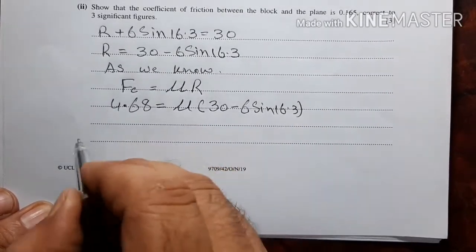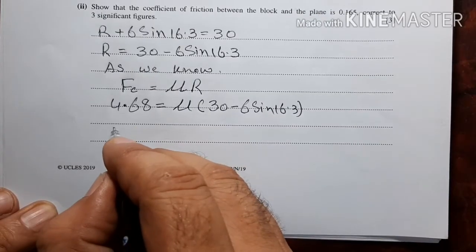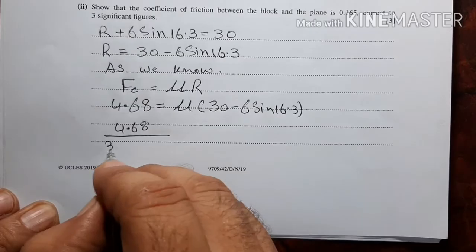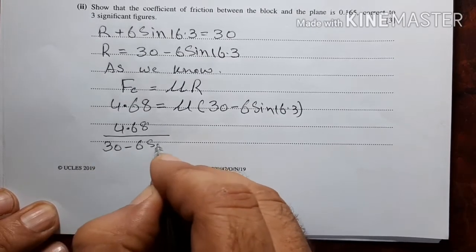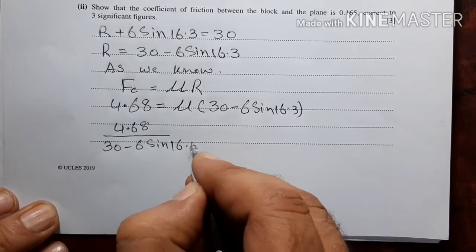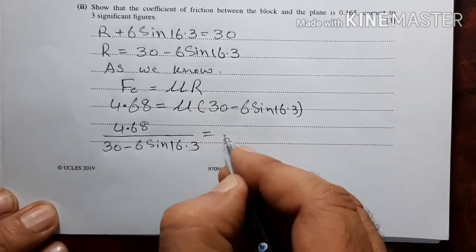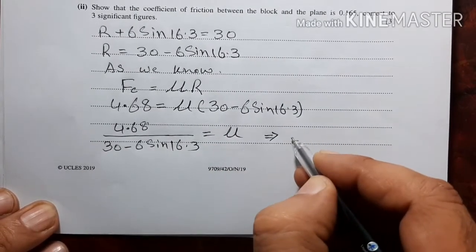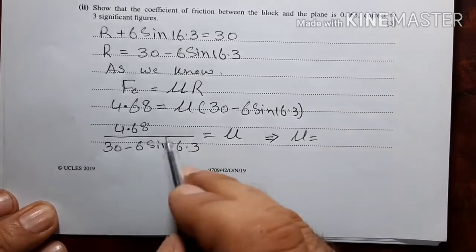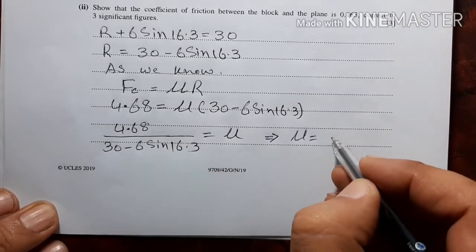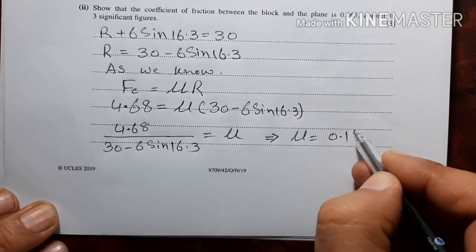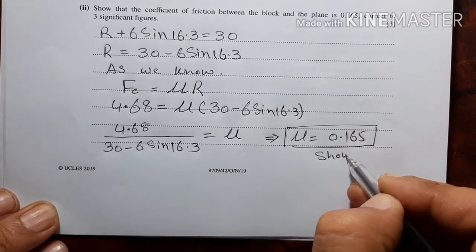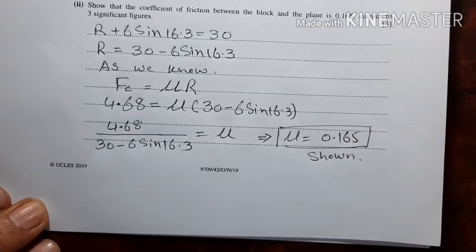So take this on the other side: 4.68 over 30 minus 6 sine 16.3 is equal to mu. With the help of a calculator, when you solve this, it becomes 0.165. So it is shown up to 3 significant figures. This is our answer.